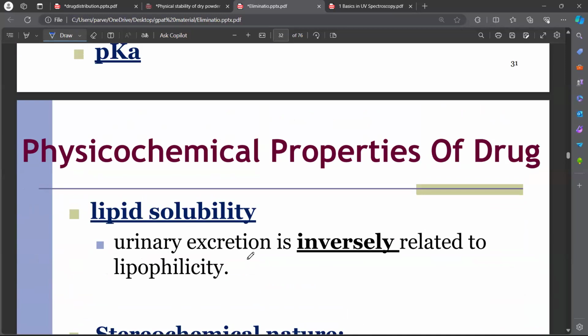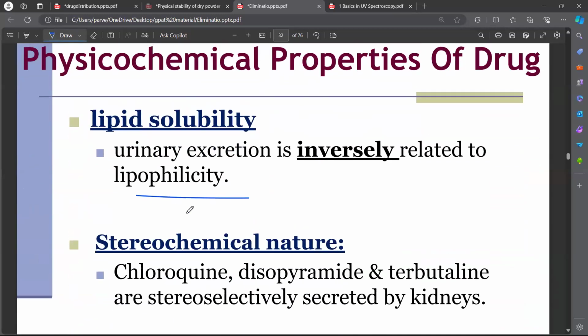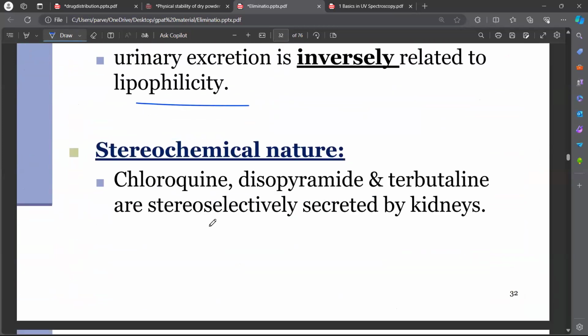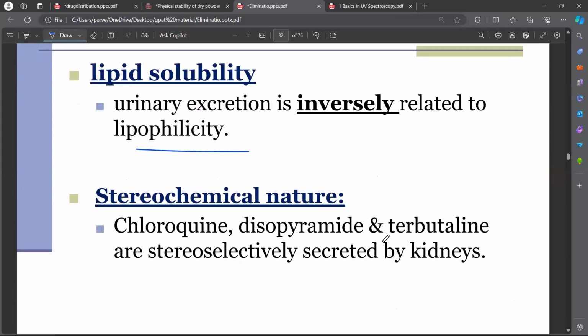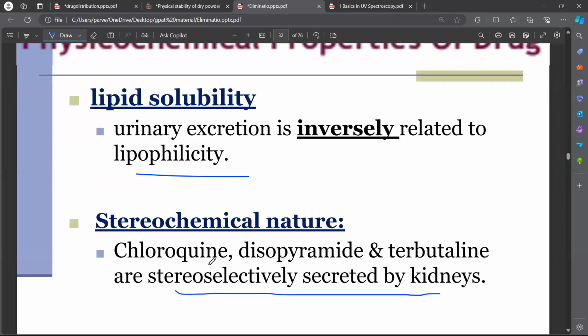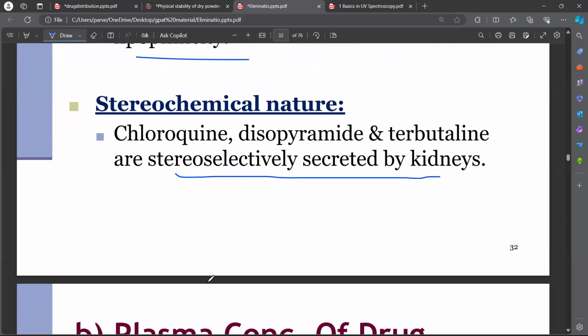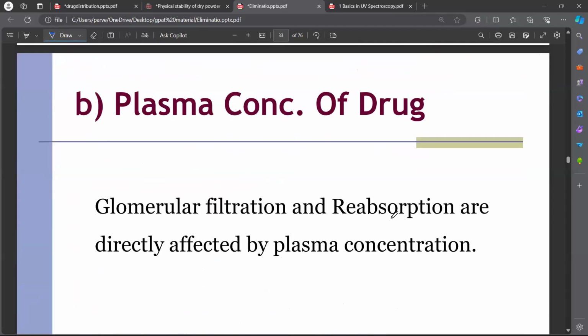Lipid solubility: urine excretion is inversely related to lipophilicity, as you guys know, because lipophilic drugs are mostly reabsorbed. Stereochemical nature: chloroquine, disopyramide, terbutaline are selectively secreted by the kidneys because they depend upon their optical nature. GFR and reabsorption are directly affected by the plasma drug concentration.